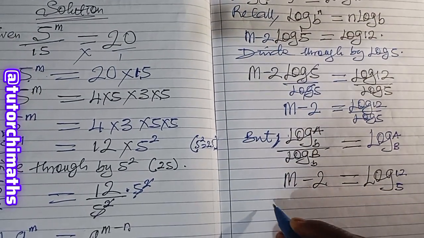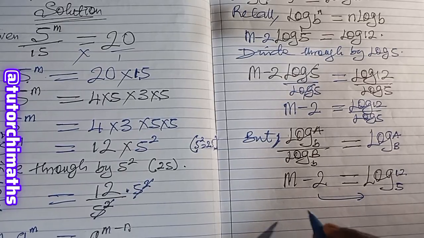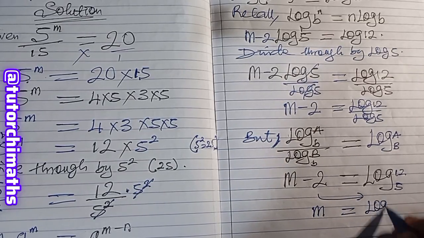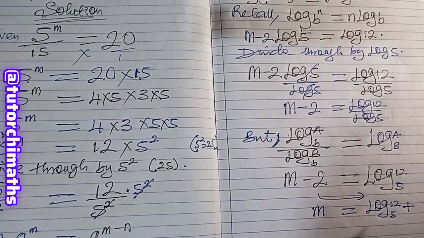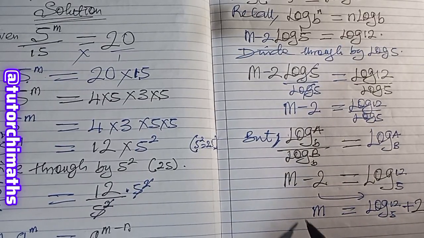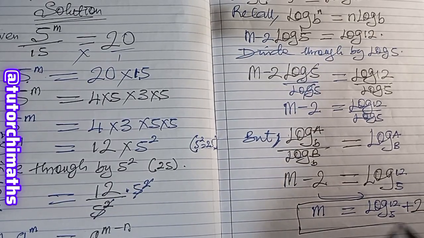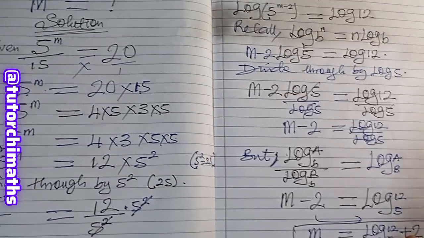Now add 2 to both sides. Okay, that is this moving this way. We now have m is equal to log 12 base 5 plus 2. Okay, so this is the value of m in this equation.